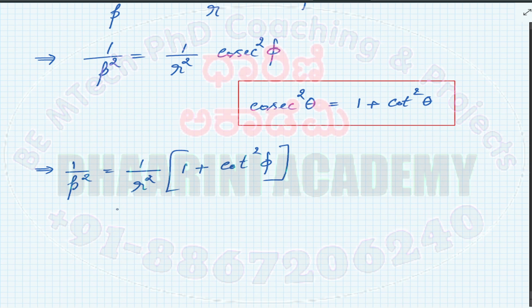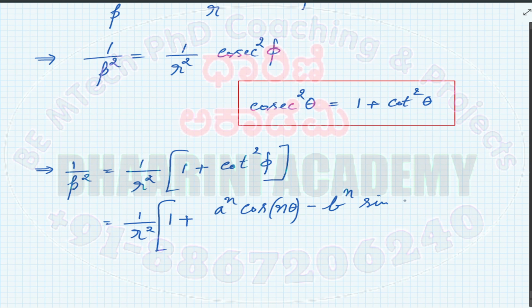Alright, let us substitute. So therefore, 1 by p square is equal to 1 by r square into 1 plus, write the cot function whatever we had, square it. So that means it is a to the n cos n theta minus b to the n sine of n theta.